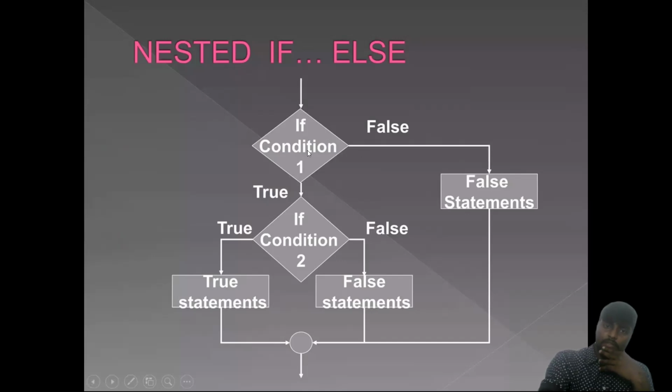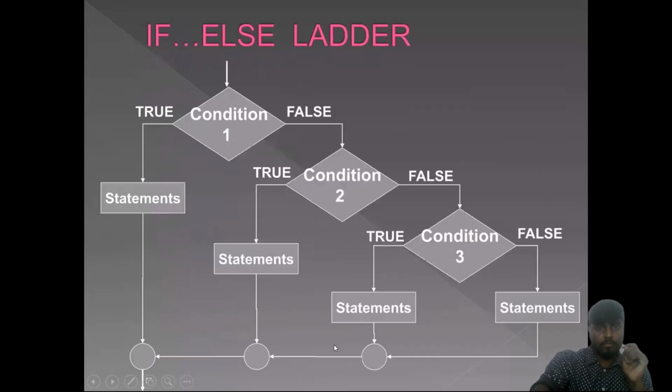In this if statement, there are two if and else. If false, the false statement will execute. If true, the next if condition will execute. Inside this if, if the condition is true, the true statement will execute. If the condition is false, the false statement will execute. That is the nested if else.